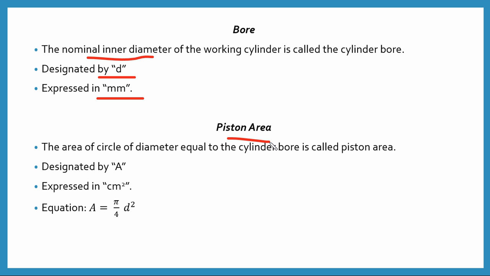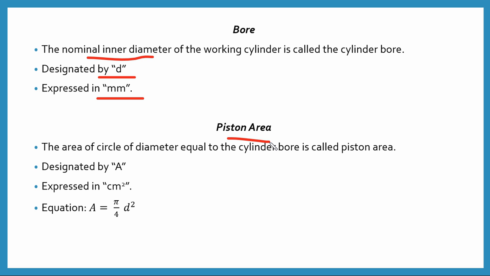When we are talking about the piston area, basically the area of a circle of a diameter equal to the cylinder bore is called the piston area. Because the piston is fitted into the cylinder wall or the combustion chamber, the cylinder's inner diameter and the piston head diameter are nearly the same.